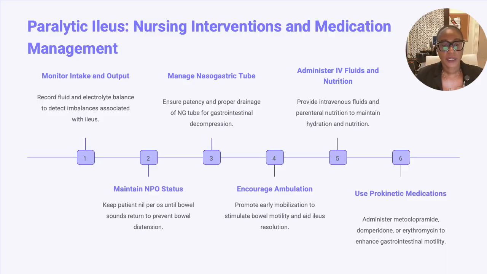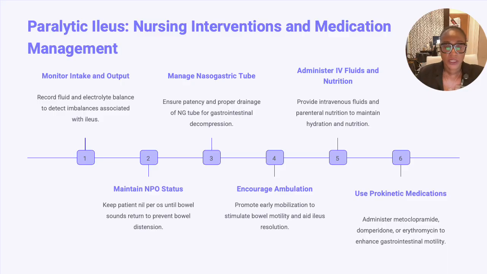So now we look at some nursing intervention and medication management. Nursing intervention includes monitoring intake and output, and of course maintaining NPO status until bowel sounds return. Maintain patency of a nasogastric tube if one is in place, and of course we want to assess for patency and drainage per agency policies and procedures.